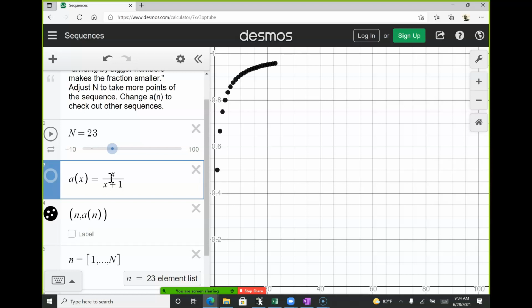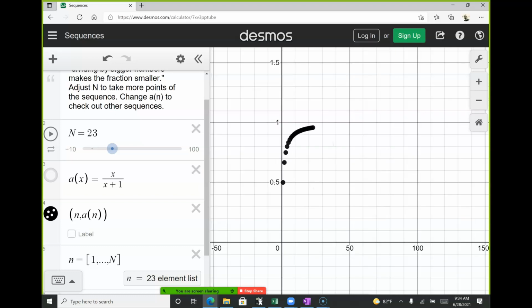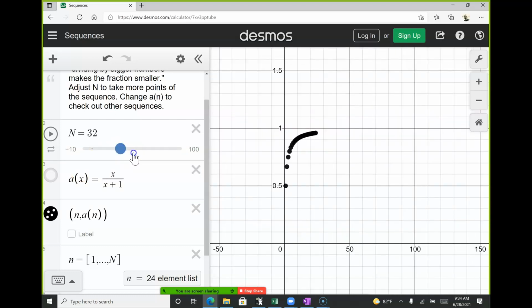And you can see I'm getting closer and closer to the line 1, right? As I write out that sequence more and more, it gets so dense that it just looks like a line. But you can see that I've got a horizontal asymptote, so that's telling me I have a limit. So those are kind of fun to look at when you're practicing in 8.1. You certainly can look at that on Desmos. Try it on your TIs.